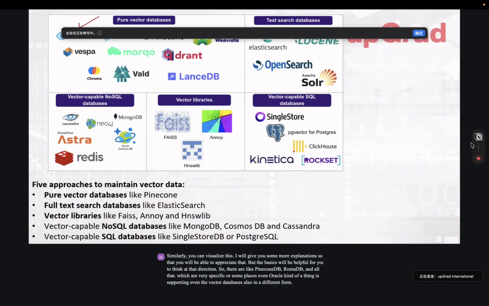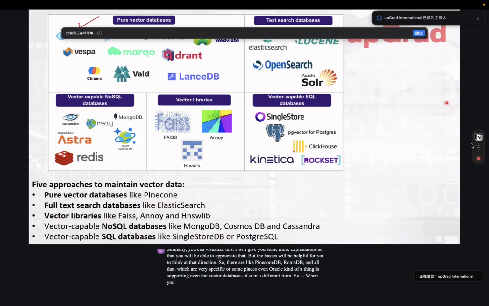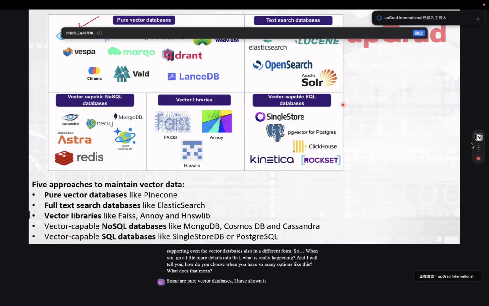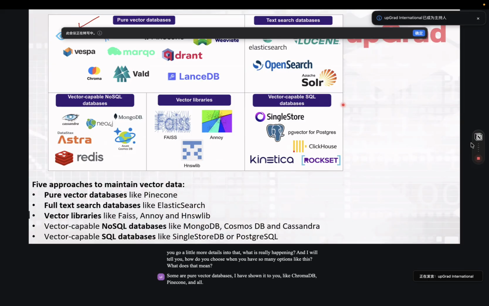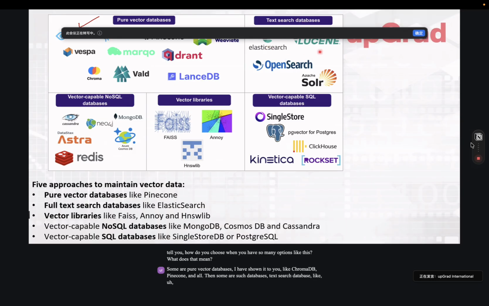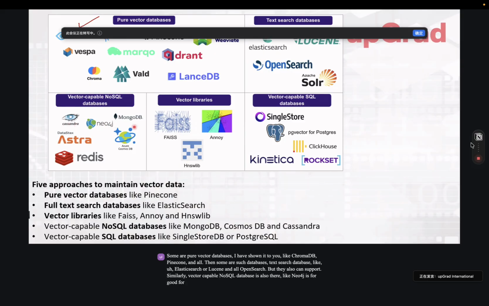So when you go into a little more detail, what is really happening, I will tell you how you choose when you have so many options like this. What does that mean? Some are pure vector databases, like ChromaDB, Pinecone, and all. Then some are text search databases like Elasticsearch or Lucene, OpenSearch, but they can also support vectors. Similarly, there are vector-capable NoSQL databases, like Neo4j, which is good for graph databases, Cassandra, and MongoDB.